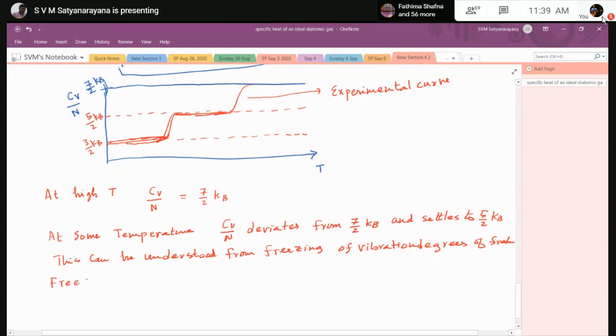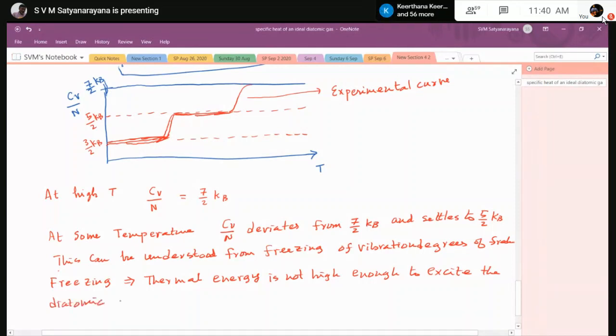This freezing implies that thermal energy is not high enough to excite the diatomic molecule from its vibrational ground state.